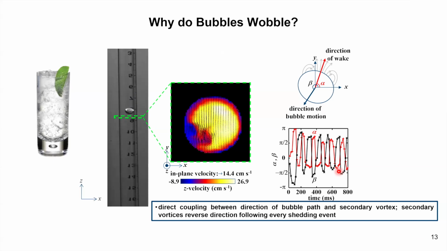And this coupling of the bubble path deviations and the wake hydrodynamics had not been quantified before this, and it offers a nice insight into some of the fundamental forces which govern the sinuous path that the bubbles follow as they rise.